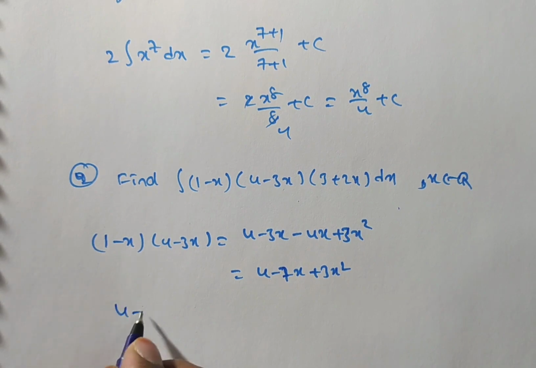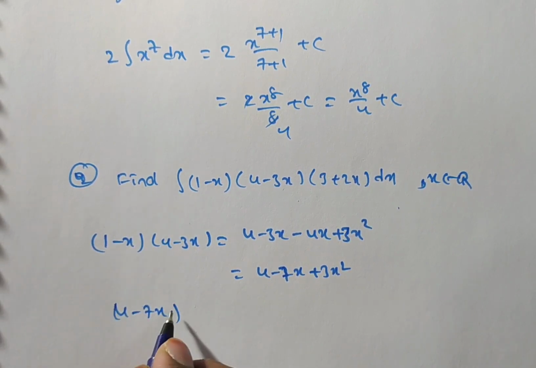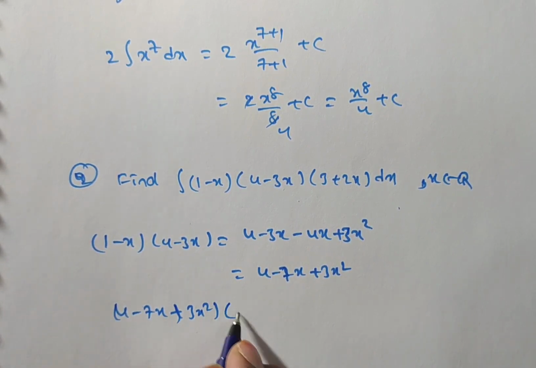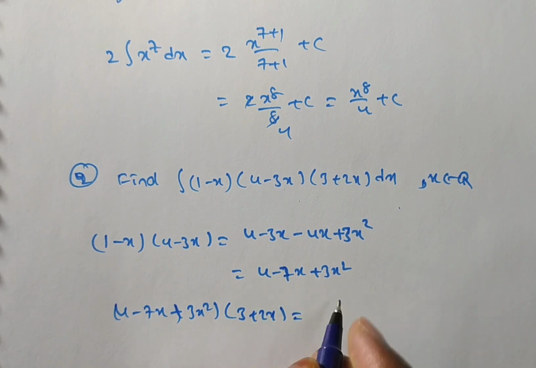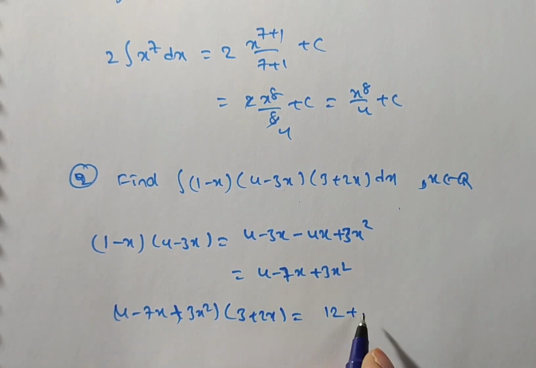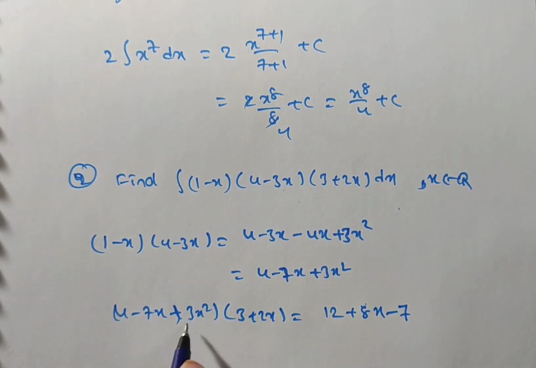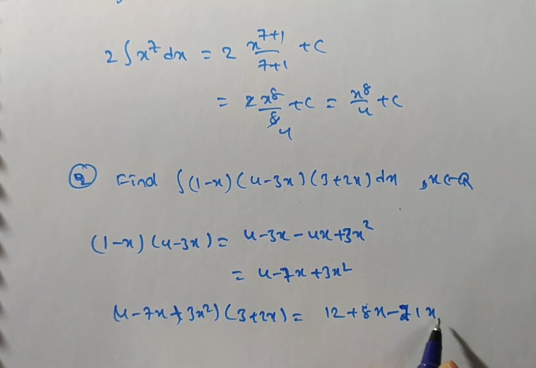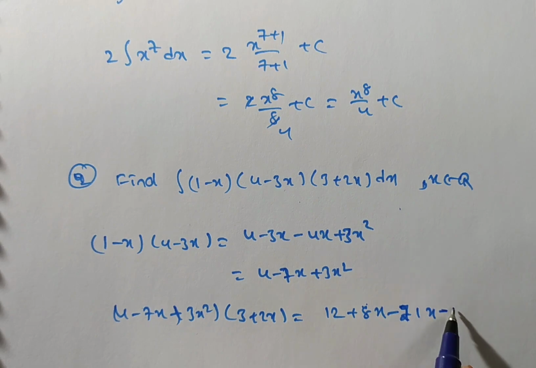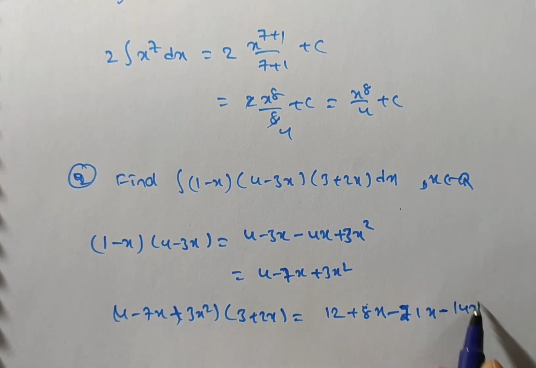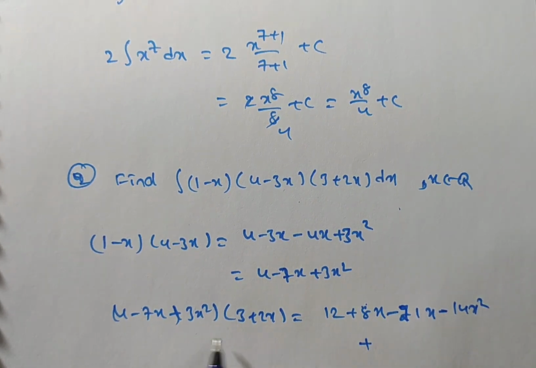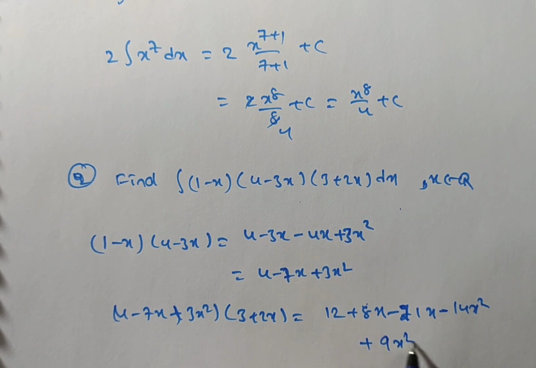Next, 4 minus 7x plus 3x square into 3 plus 2x is equal to 12 plus 8x minus 7 3s are 21x, next minus 14x square plus 9x square plus 6x cube.